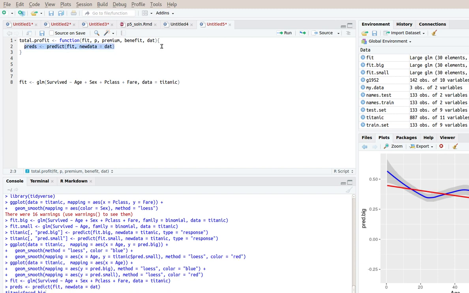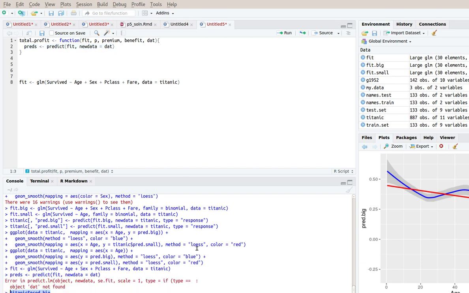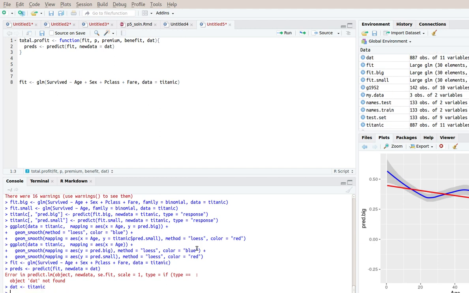Here we don't do greater than 0.5, because we actually want to look at P. Because inside the function we're always going to be using P, we can just say greater than P. This is predicted according to the model, which says if, for example, the prediction is greater than 60%, then we say true. Otherwise, we say false. So P could be anything. If we want to be really risk averse, we'll just sell insurance to people who have a 99% chance of survival. If we want to be less conservative, then we'll do it differently.